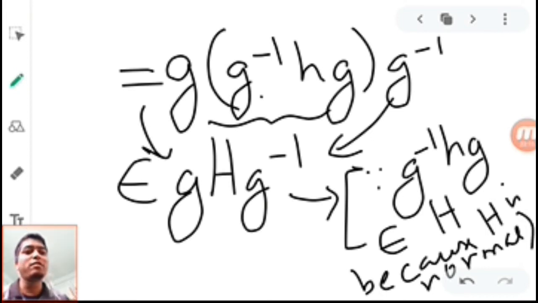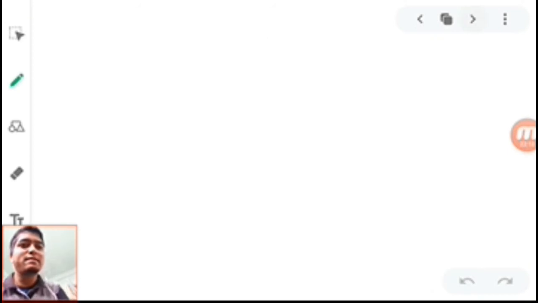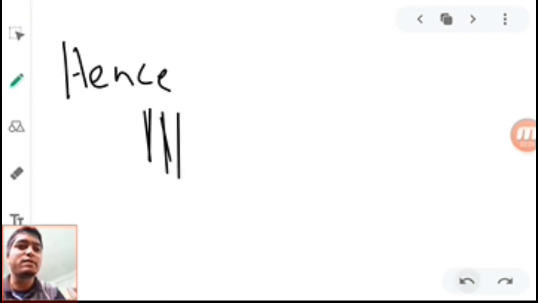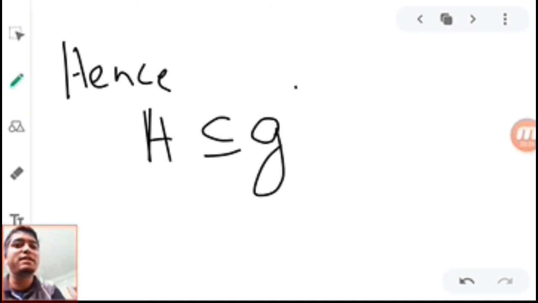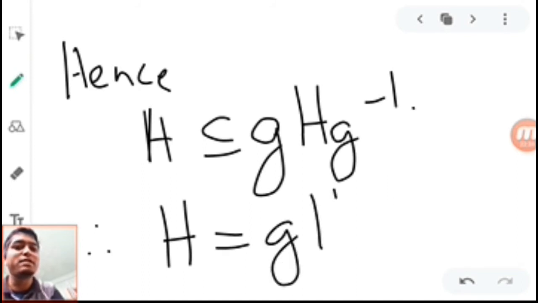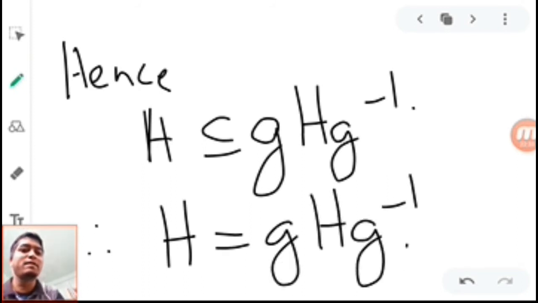If it is normal, always remember that G inverse h G will belong to H. Hence H is a subset of GHG inverse. Therefore, ultimately from part 1 and part 2, H equals GHG inverse. So this completes the proof.